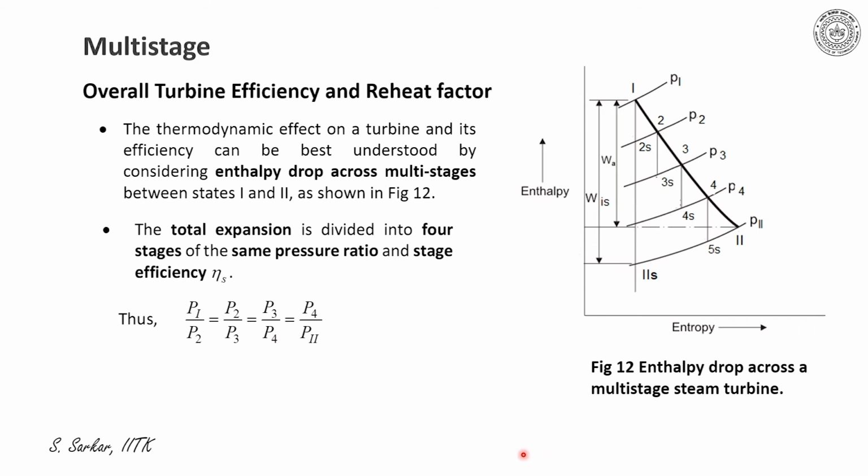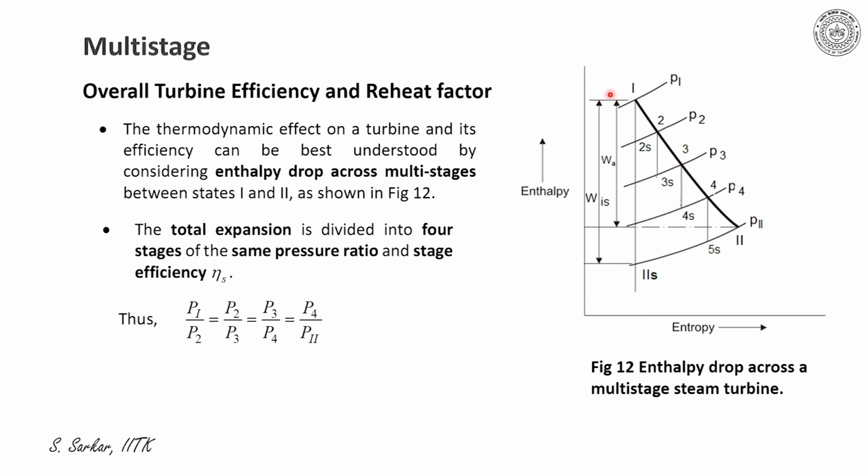In figure 12, I have illustrated the enthalpy drop across a multistage steam turbine where the state point of fluid at inlet to the turbine is indicated by the Roman numeral 1 and at the exit of the turbine is denoted by the Roman numeral 2.